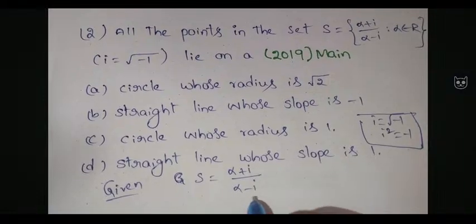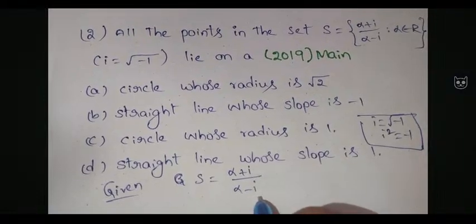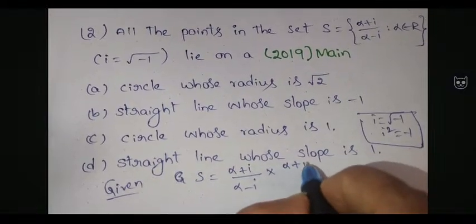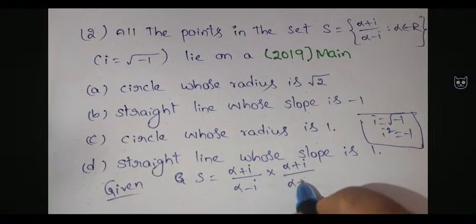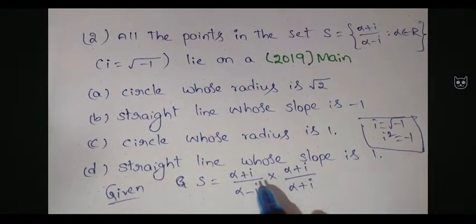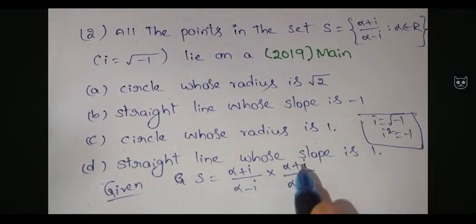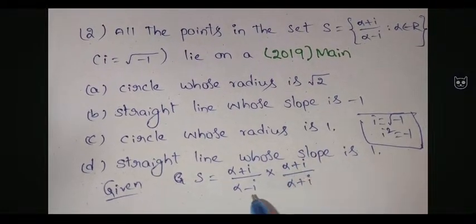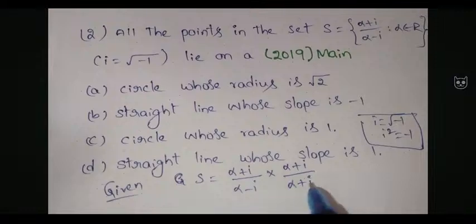Now in the denominator we have the imaginary part, so we rationalize this. The opposite sign of minus is plus, so divide and multiply with α + i over α + i.